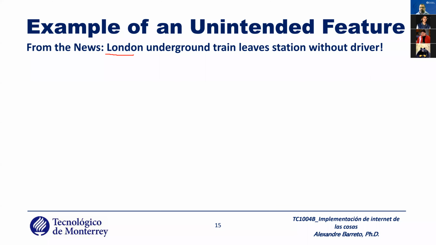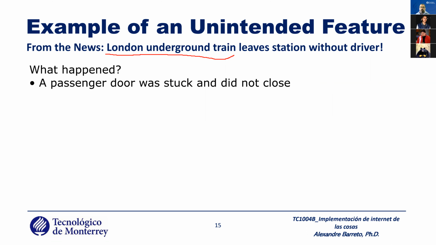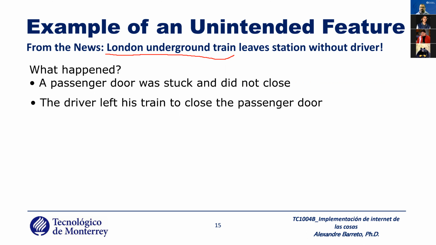It happened in London, on the underground train. And the problem is the London underground train leaves the station without the driver. What happened? A passenger door was stuck, it was not closed. And the system has a sensor that identifies the situation. The system alerted the driver, who left his train to close the passenger door.